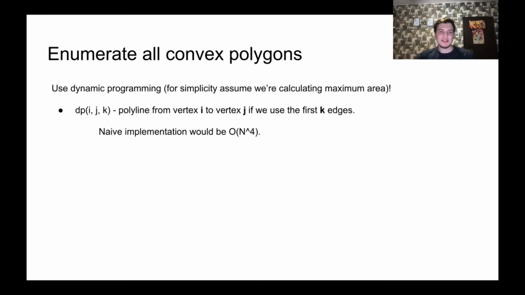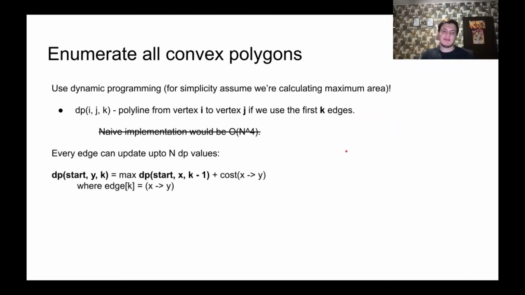So in some sense, we just get a naive quadratic solution, because at this point we can either use the k plus first edge, or just discard it and keep the current ij. There are a constant number of transitions, because we can either use the new edge or just discard it.